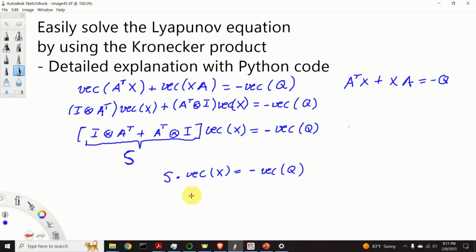And from this equation, we can compute vec x as minus S inverse times vec q. Once we compute vec x, we can simply de-vectorize this vector to construct our original matrix X.